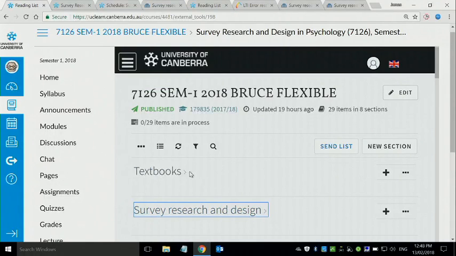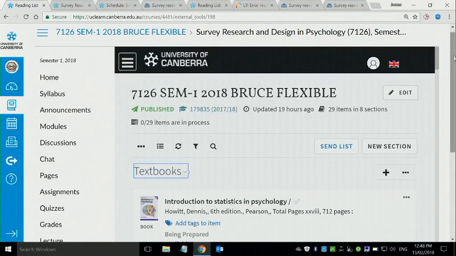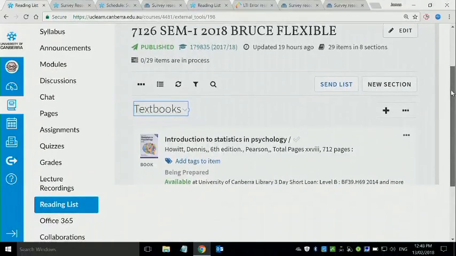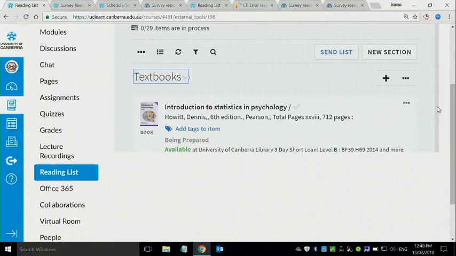There are also links to the textbooks. I haven't prescribed set textbooks, but what I have referred to is the books that most of you have got from experimental, which are the Howitt and Cramer Intro to Stats in Psychology, and then their Intro to SPSS.